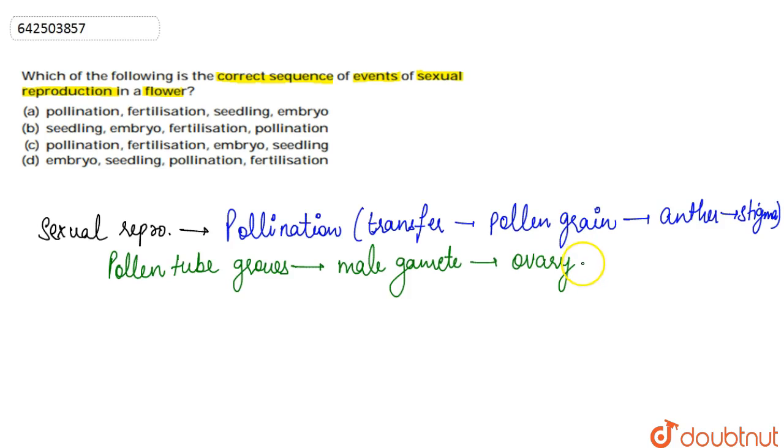Basically, the male gamete goes to the ovary where it fuses with the female gamete. This process of fusion of male and female gamete is known as fertilization.